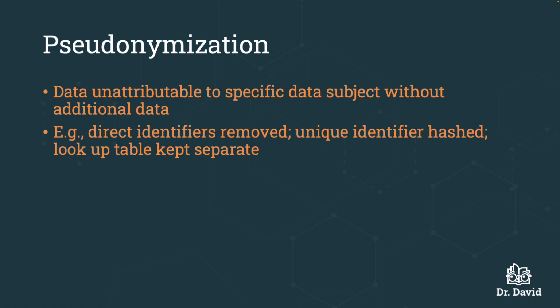And so the process of pseudonymization, this is when data is unattributable to a specific data subject, again, without additional data, as I just explained. So again, direct identifiers may be removed. The unique identifier may be hashed. When we hash data, that's a process of basically turning it into gibberish. And that gibberish, that unique combination of gibberish, may be kept in a separate, what's called a lookup table. And with that lookup table, we could say, all right, well, this gibberish actually equals this number or this name.